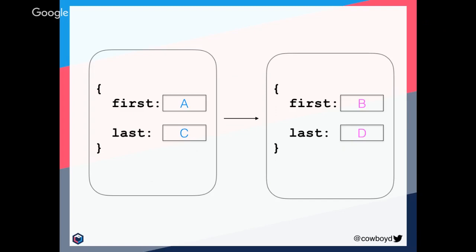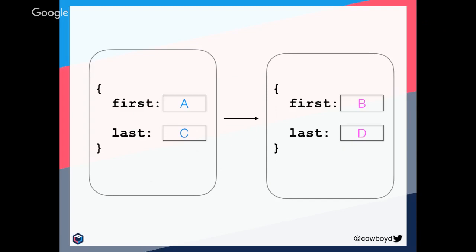Here we have an object that has two keys, first and last, and we're just going to map it. It has the same structure, the same number of keys, the same name for the keys. It's just the values that are changing. And so what functor allows you to do is take a function with one argument that just does the transformation. And so you end up with exactly the same computational context.